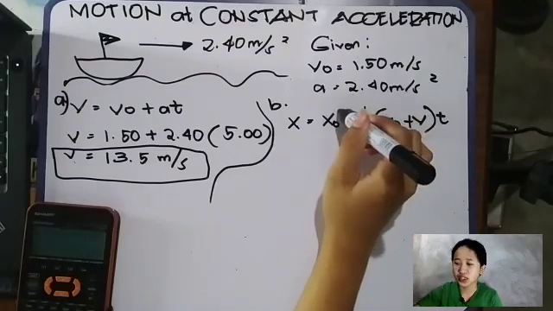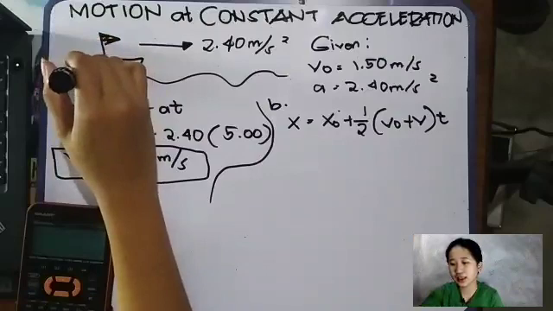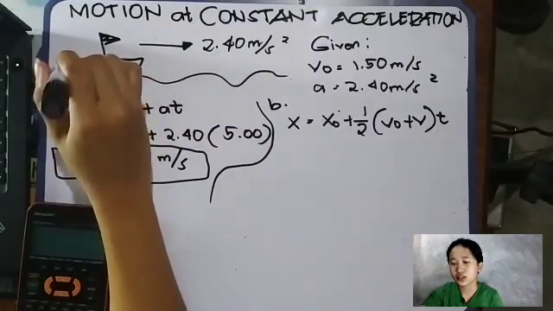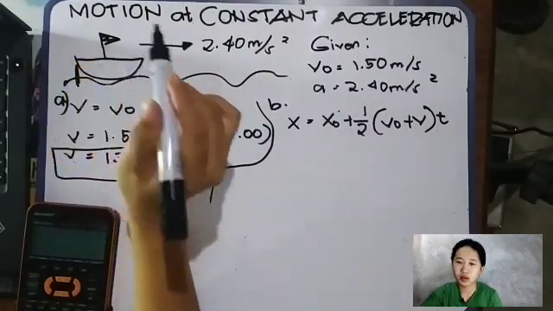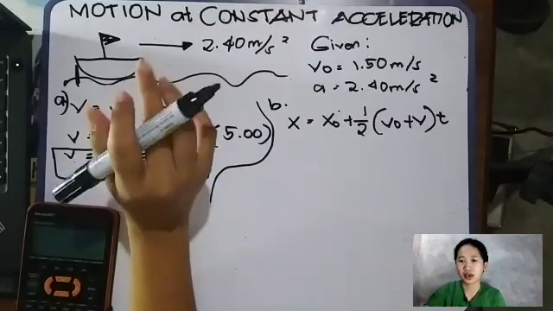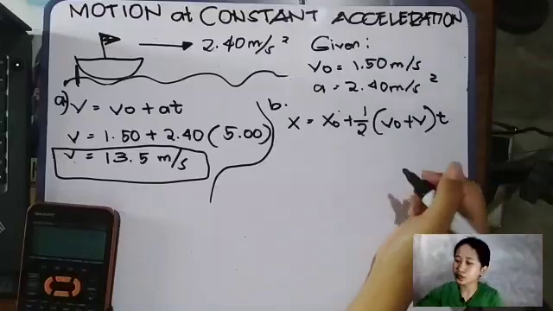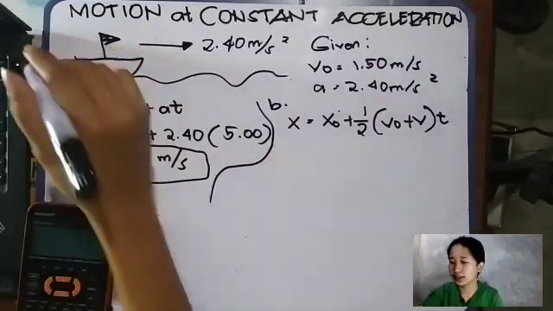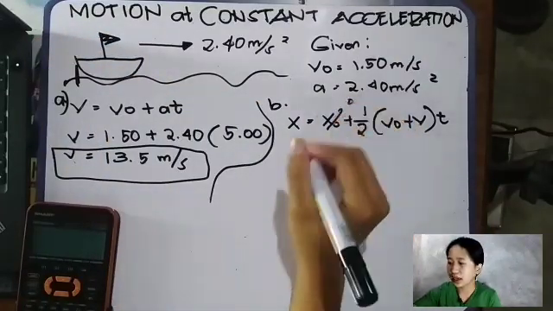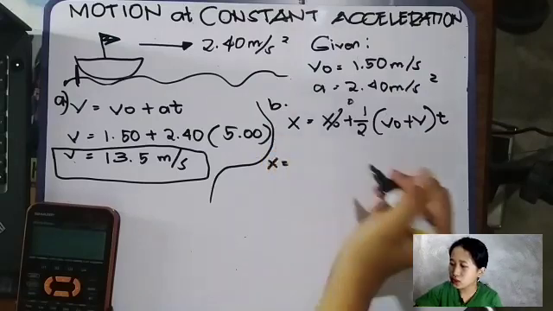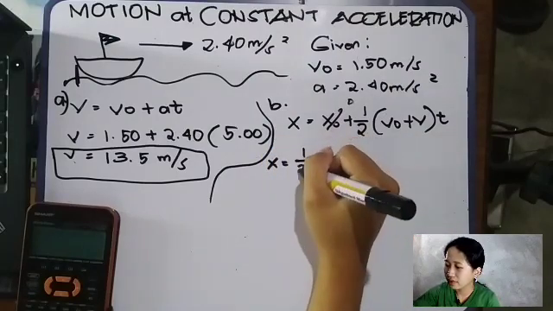Ito is initial siya. I-assume natin na dito siya nagsimula, since wala namang ibinigay na given sa may tanong. So, magiging 0 na lang yan. So, x is equals to 1 half na lang.